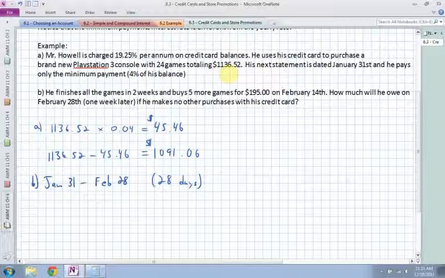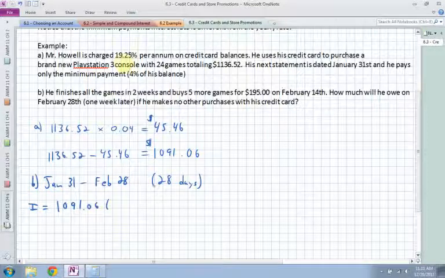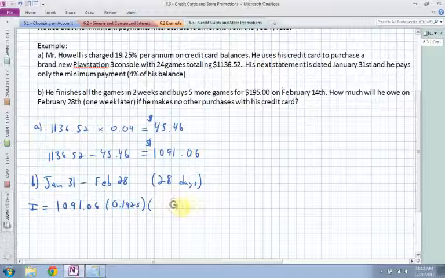So that means we are going to have to calculate the amount of interest on $1,091.06 for 28 days. So my interest is going to be equal to P times my rate. This time I'm dealing with 19.25%, times the amount of time. And remember, when you're dealing with credit cards, you have to divide by the number of days in a year. So 365, and we're dealing with 28 days.